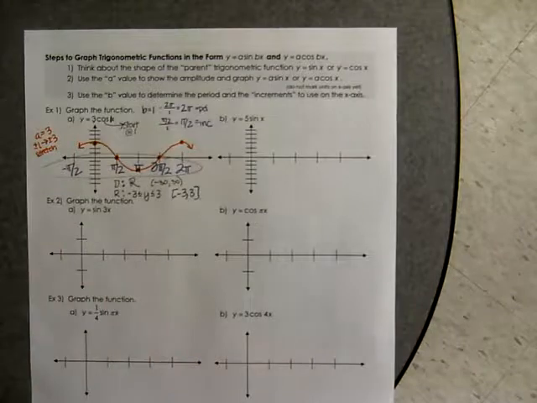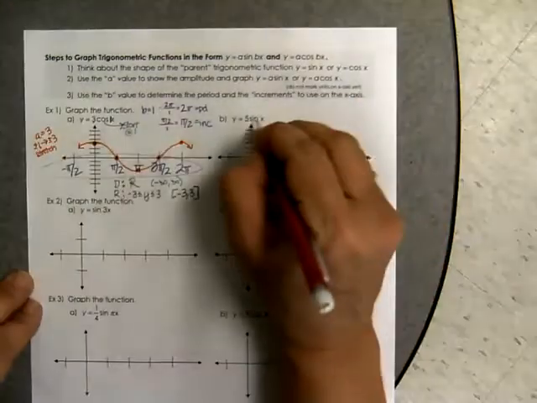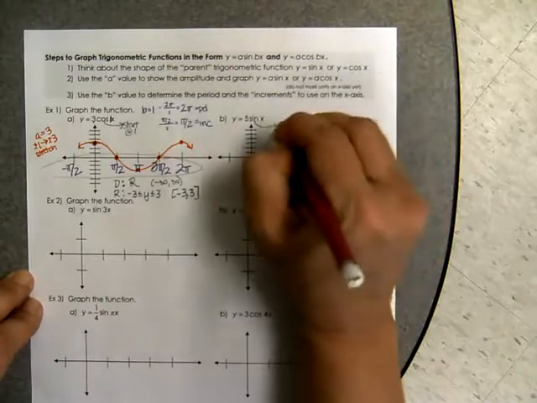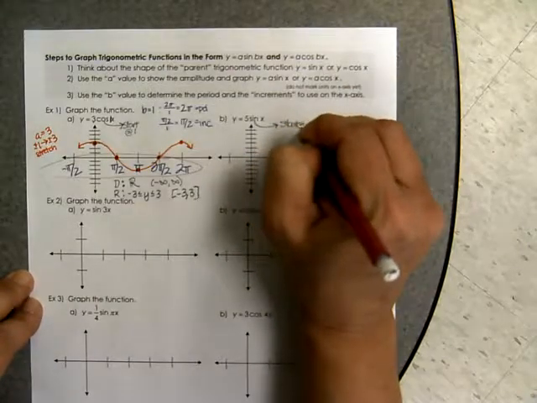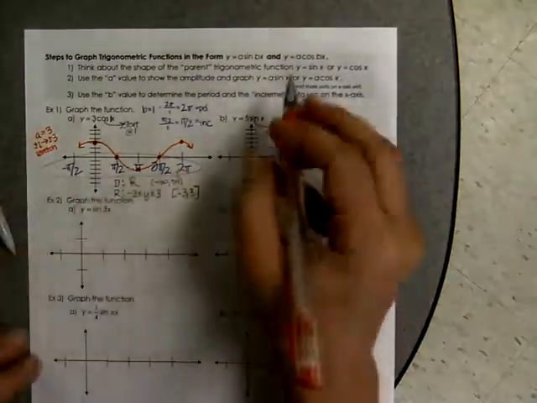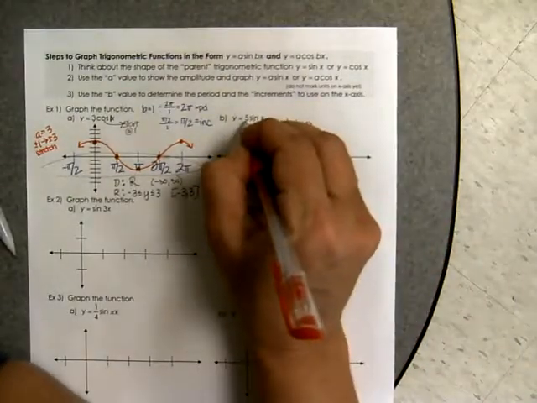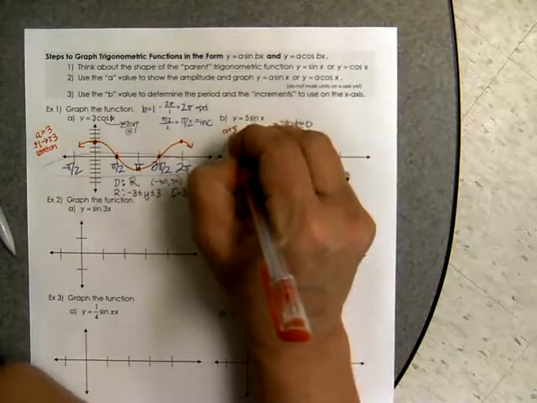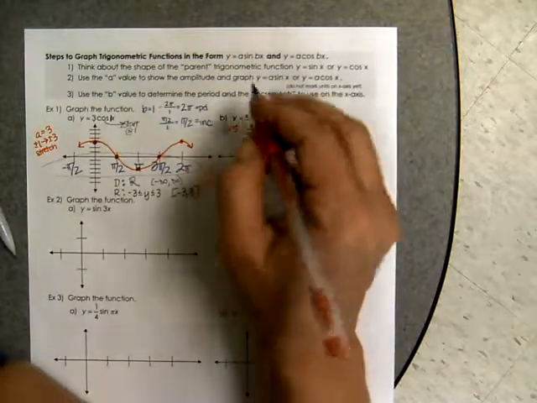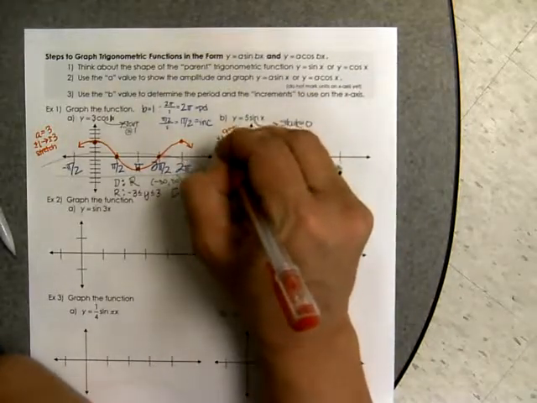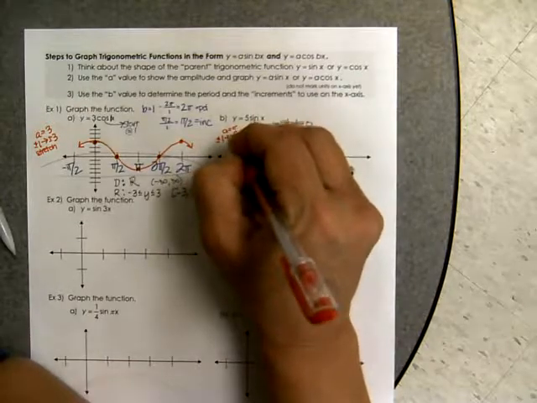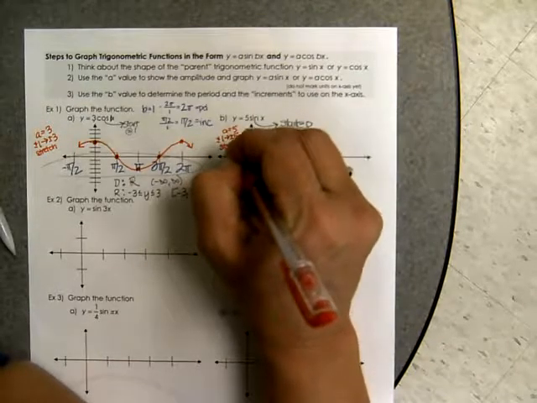Let's try letter B. Let's do y equals 5 times the sine of x. So first we see that sine is going to start at 0. So we know sine starts at 0. And we notice that our a value is 5 because it comes before the trig function. So that means that any 1s are going to turn into 5s, that this, again, is a stretch.